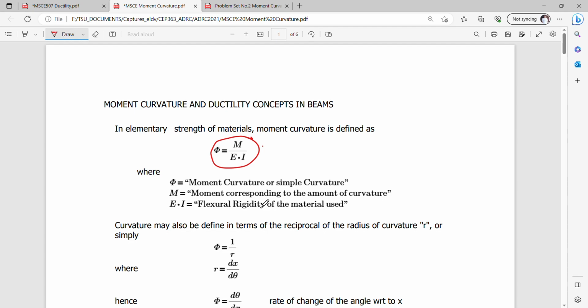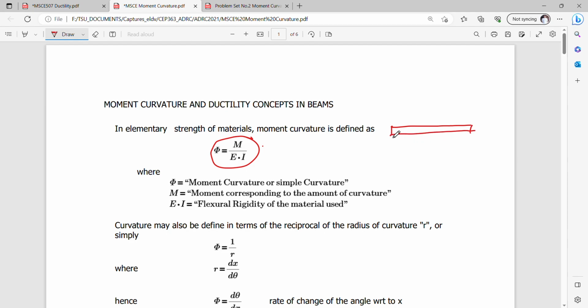EI within the beam, within the entirety of the beam length, and can be measured particularly on a section by section basis. So you can take the curvature of a beam, say this beam here.